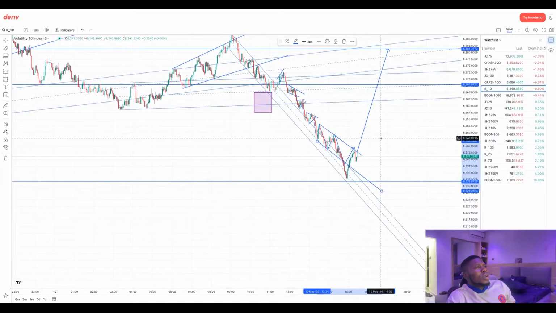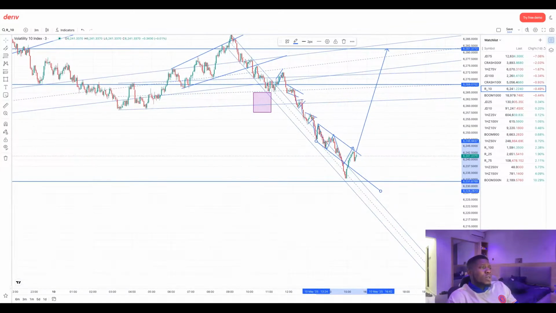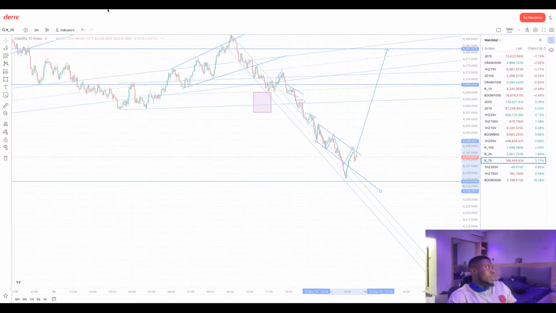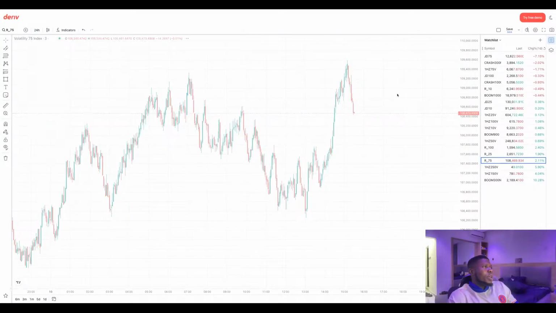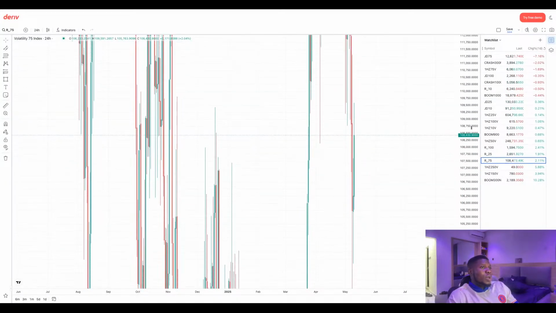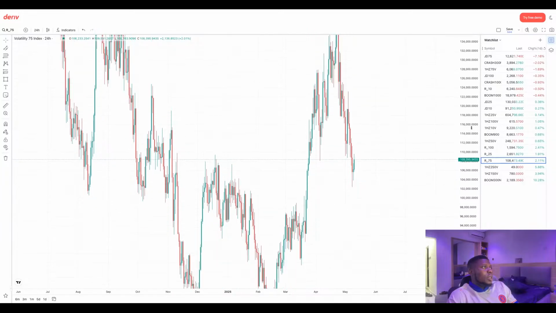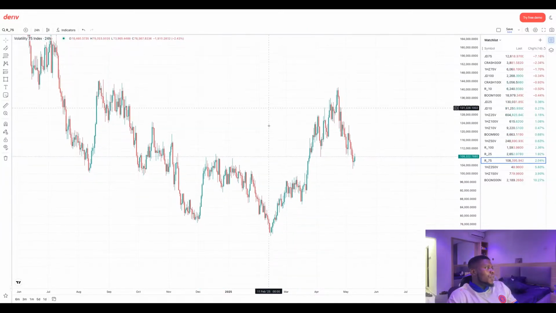Right at this moment, I'll be moving over to the next chart. So, let me go to volatility 75. Okay, on one day. So I could decide to play with my one day to know what it is.